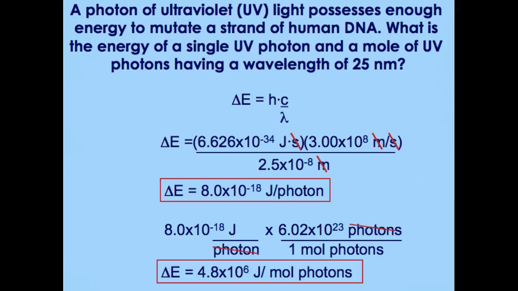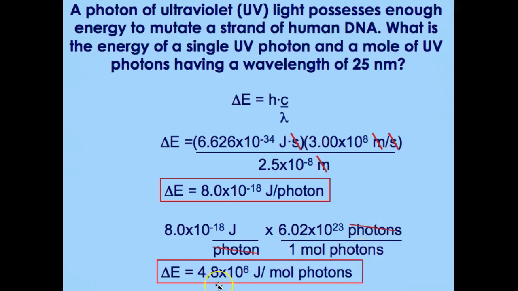We don't tend to work with particles in terms of individual photons or individual atoms because it's really hard to get a hold of something in that context. So if I want to know what the energy is for a mole of UV photons, I would take the energy for a single photon and use Avogadro's number to relate 1 photon to a mole of photons.